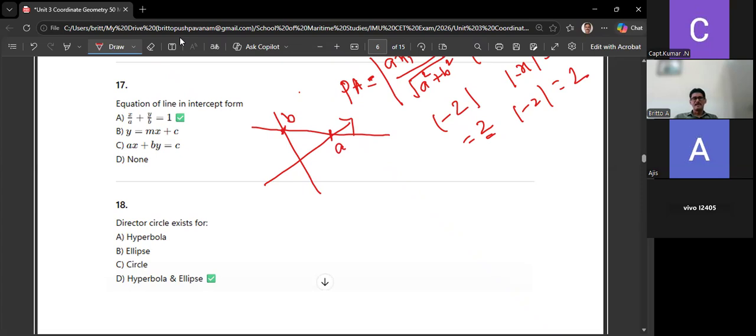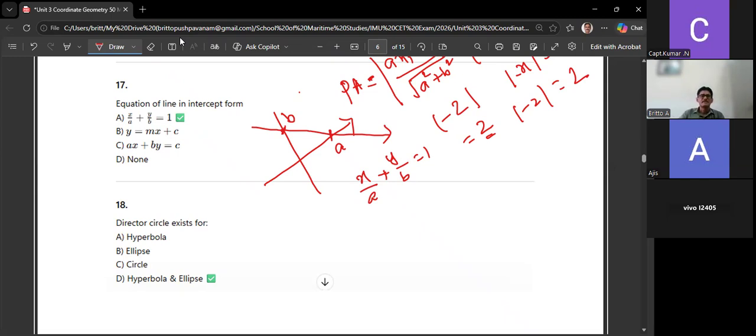Then the line equation is x by a plus y by b equal to 1, right? This equation is called the equation of a line in intercept form, or straight line intercept form.